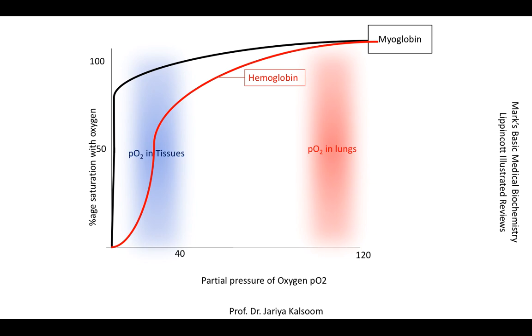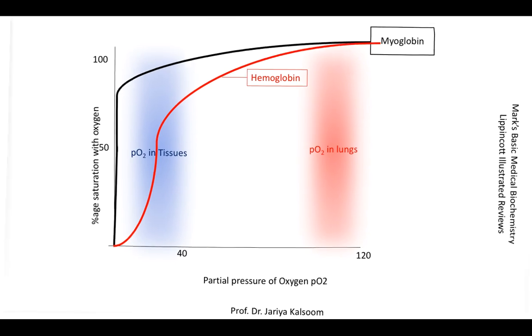The steep slope of the oxygen dissociation curve over the range of oxygen concentration that occurs between lungs and the tissues permits hemoglobin to carry and deliver oxygen efficiently from sites of high to sites of low partial pressure of oxygen.